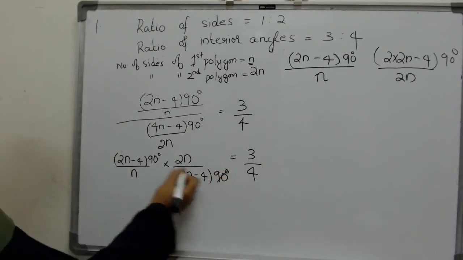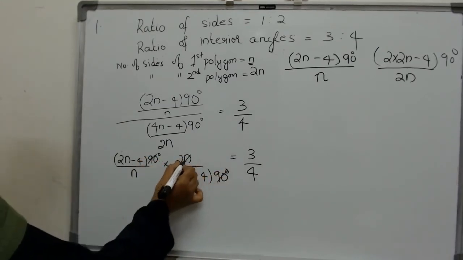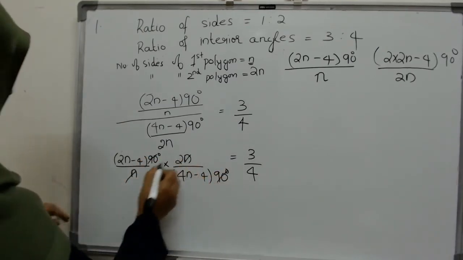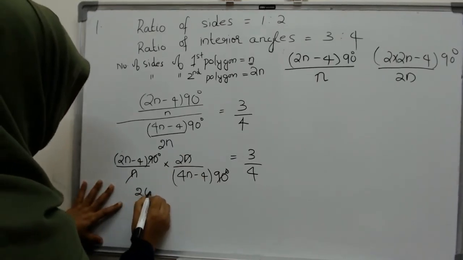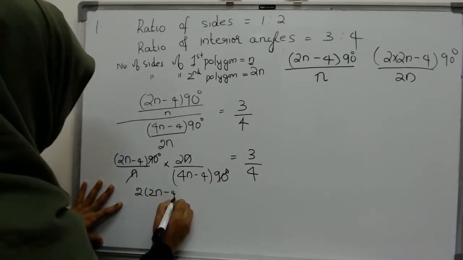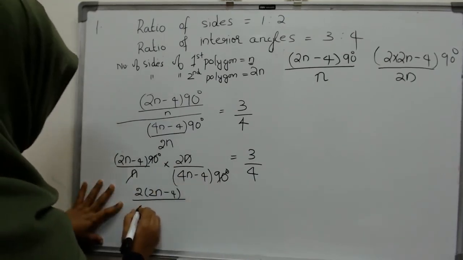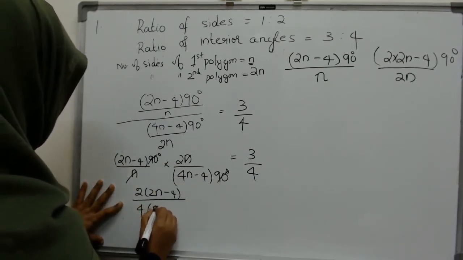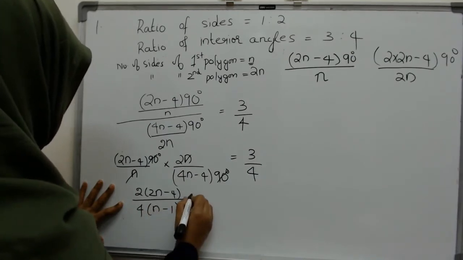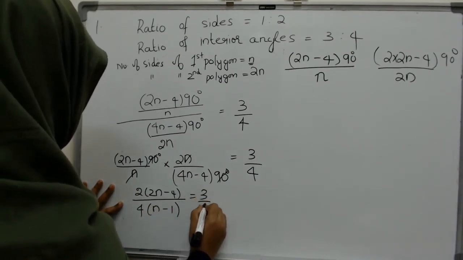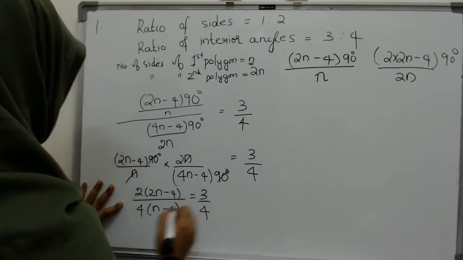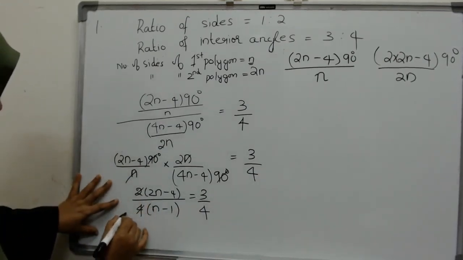So there is a 90 and 90 gets cancelled, n and n gets cancelled. So you get 2 into (2n minus 4) by 4 is common, right? So I'll take 4 out. Again this cancels here, 2.